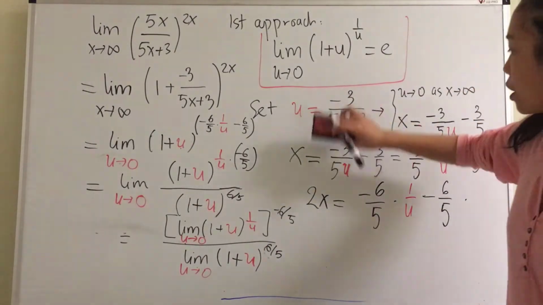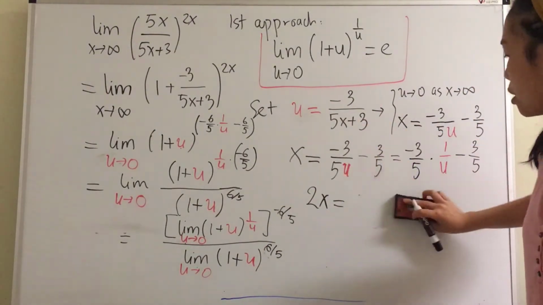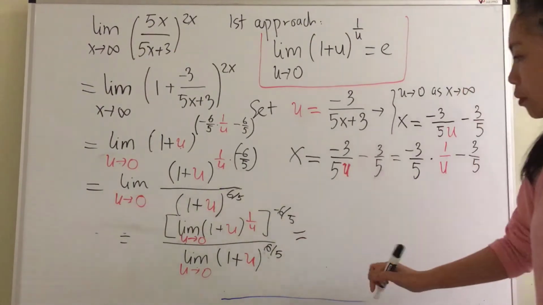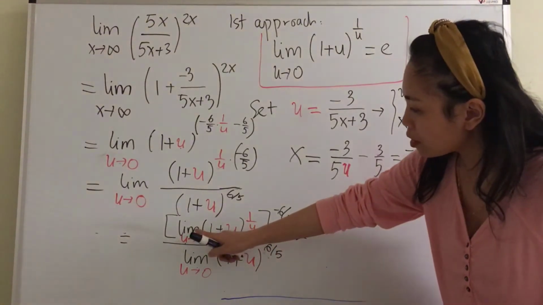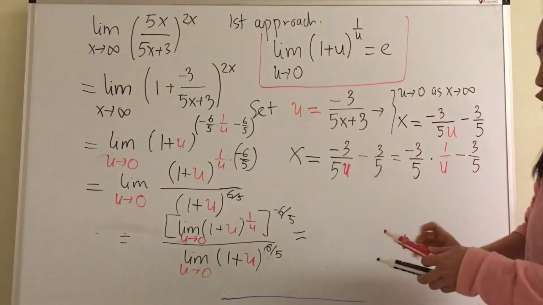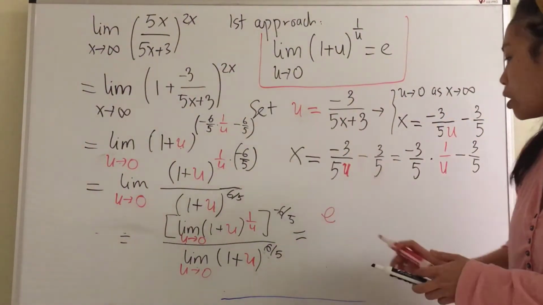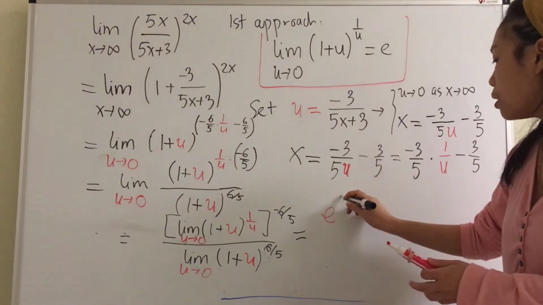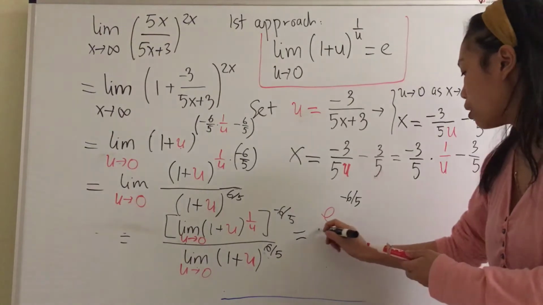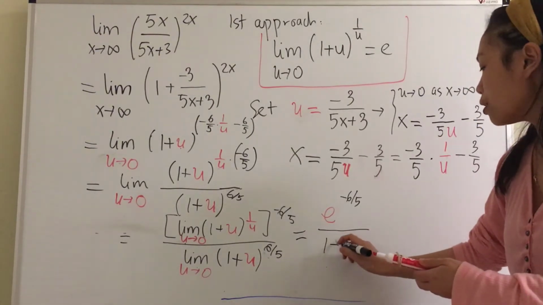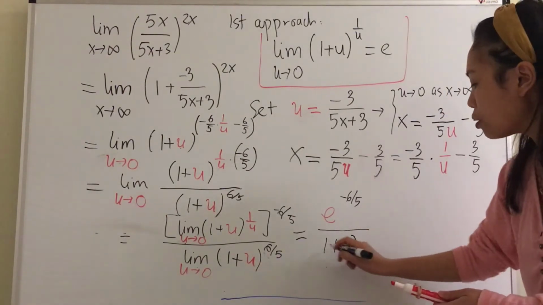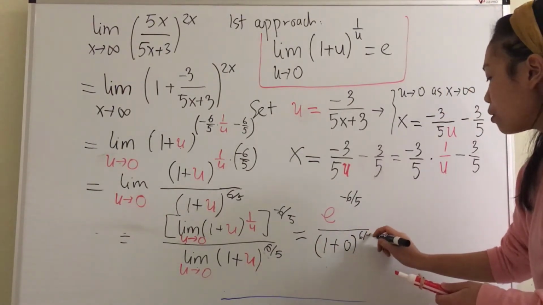From here, I'm going to erase this part because it's no longer necessary. Right. Now from here, you see this limit of 1 plus u to the 1 over u when u approaches 0. It should be the number e, raised to the negative 6/5. And at the bottom I have what? For the bottom, you use direct substitution, right? 1 plus 0 to the 6/5, right?